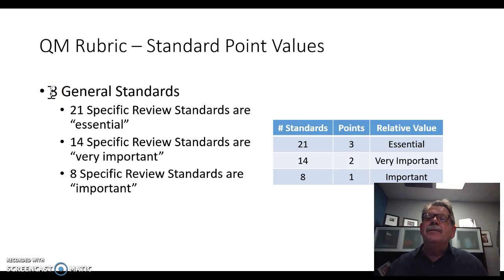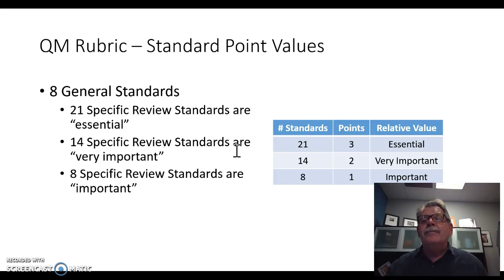Breaking down the standards a little more, in between the 8 general standards, there are what are called specific review standards. In a hierarchy, there's essential, there's very important, and important. If you look at the graph on the right-hand side, the 21 essential standards are worth 3 points in the QM world.